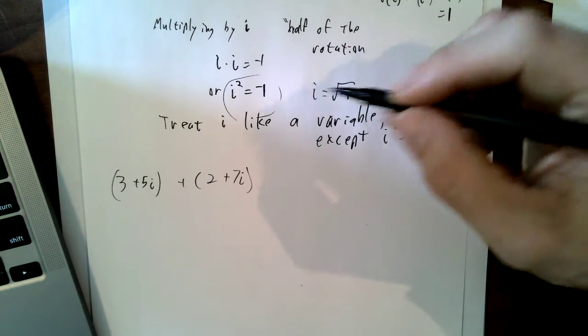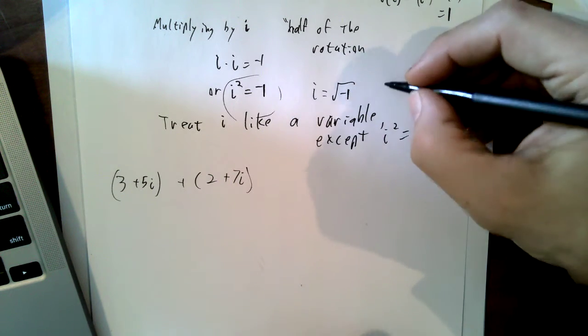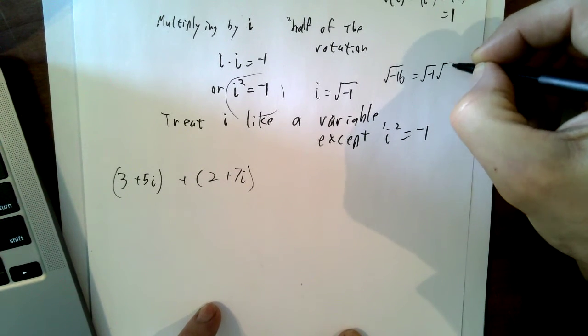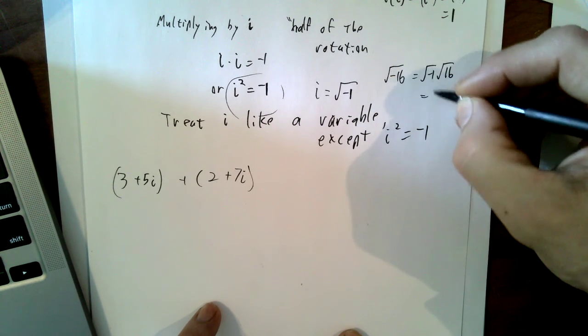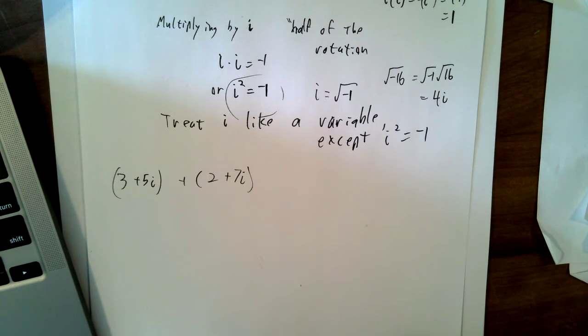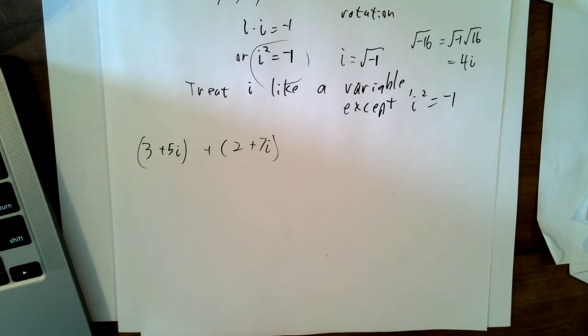But now you can, because we just give it a name. So if I wanted the square root of -16, I could just break it up into -1 times 16, and I get i times 4, or 4i. And we have square roots of negative numbers now. At least we have a name for it, and we know how to handle them. We treat it like a variable, except that i squared is -1.